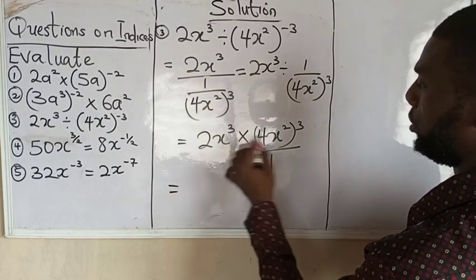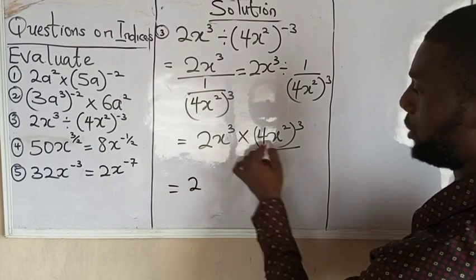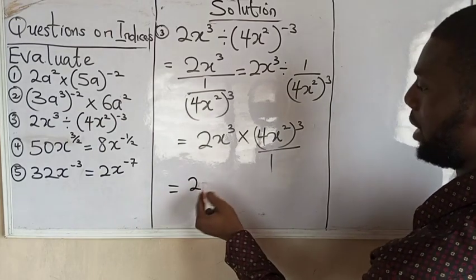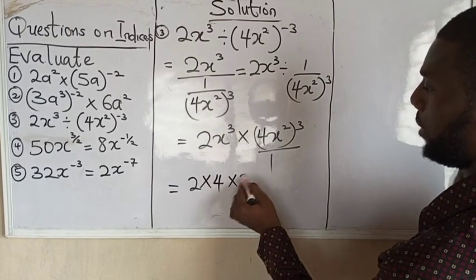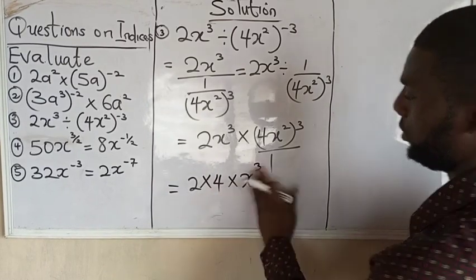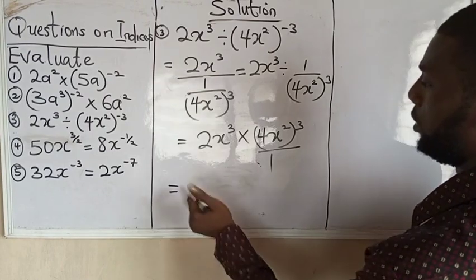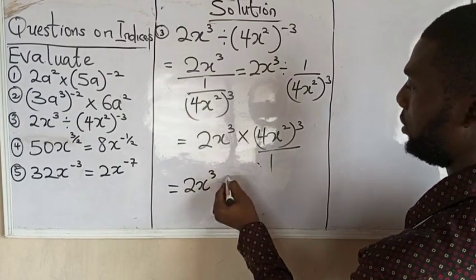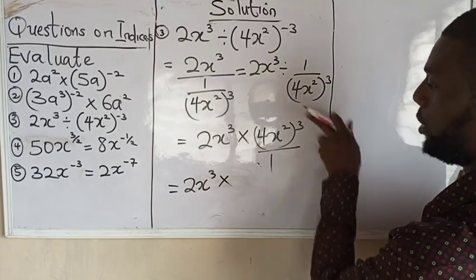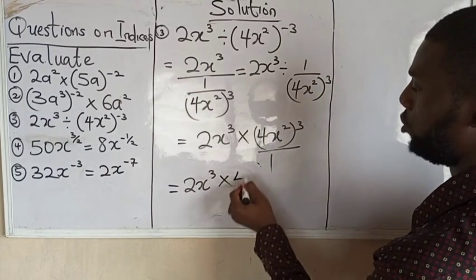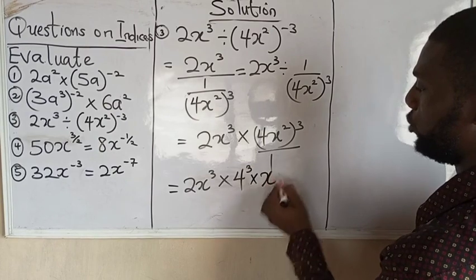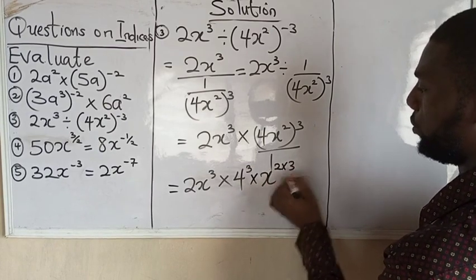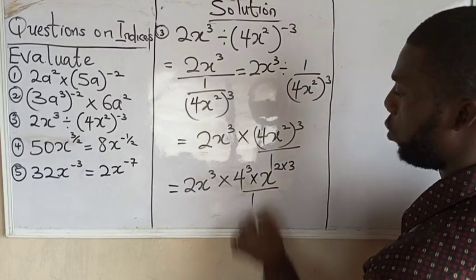Just arrange the letters and numbers. Oh, sorry. Let's do it this way. Let's say 2x raised to power 3 times, this 3 will distribute itself in, so it's going to be 4 raised to power 3 times x raised to power 2 times 3 over 1.